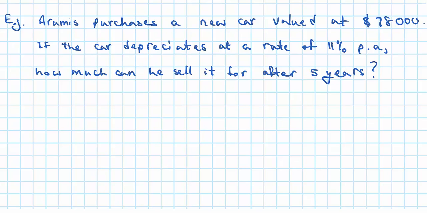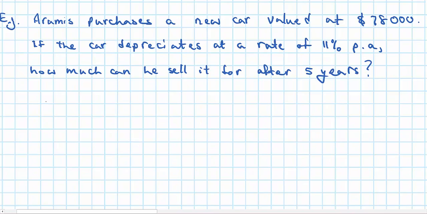Since in this case the values are dropping, as opposed to the previous question where the value of the investment was increasing, our formula changes slightly. So our formula becomes amount is the principal, and now we're taking away that rate to the power of n. Instead of adding the rate, we want the values to decrease. So the initial amount is 78,000.